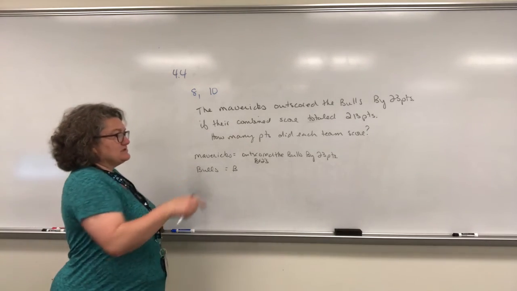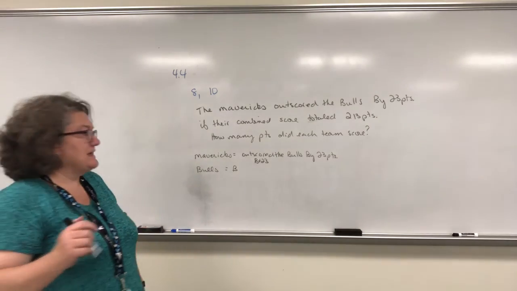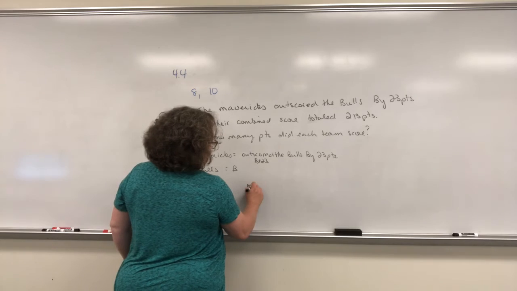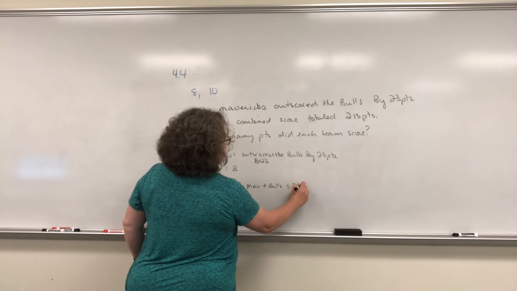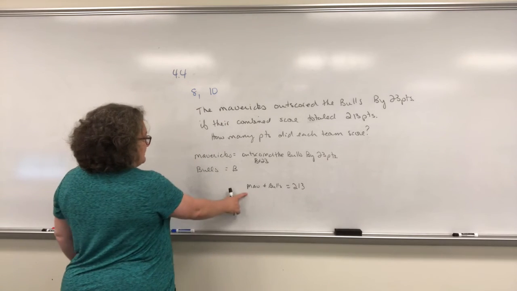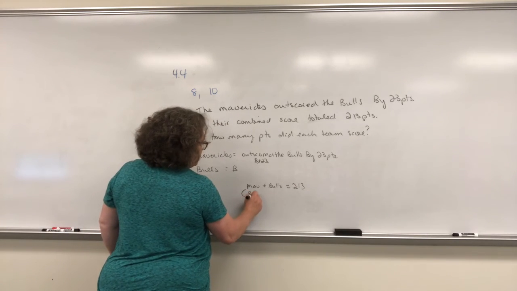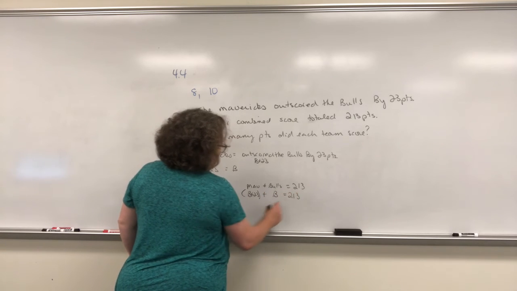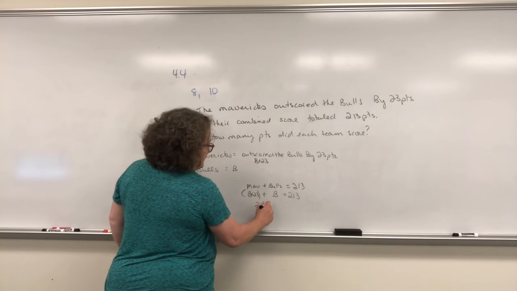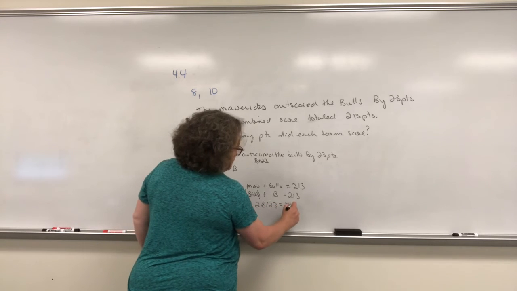It says if their combined score is 213 points, that means we have the Mavericks plus the Bulls equals 213. What are the Mavericks? The Mavericks are B plus 23. The Bulls are B, and that equals 213. So we have 2B plus 23 equals 213.